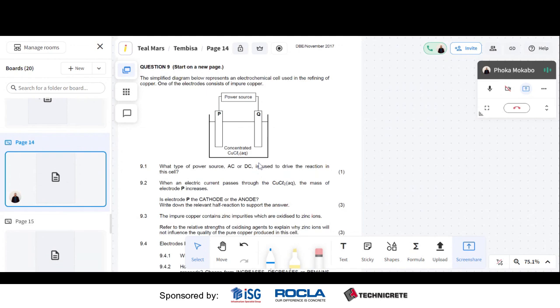In this specific example, we are looking at the power source.